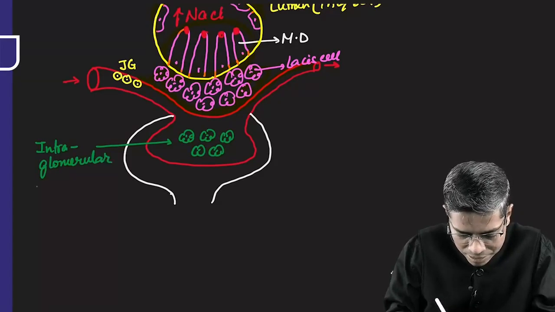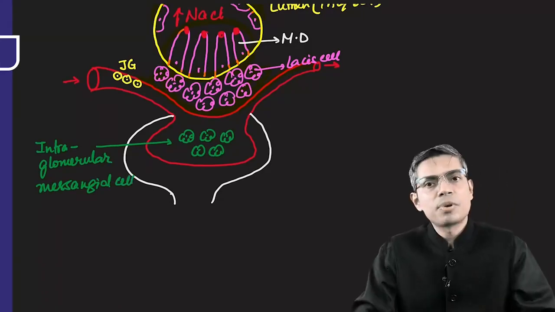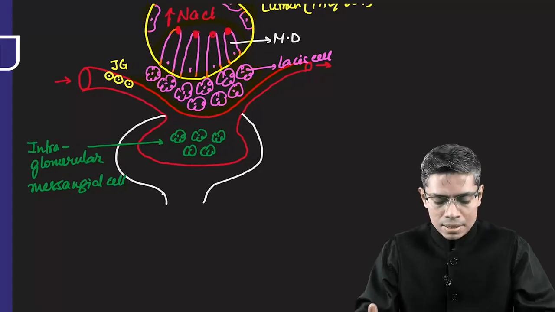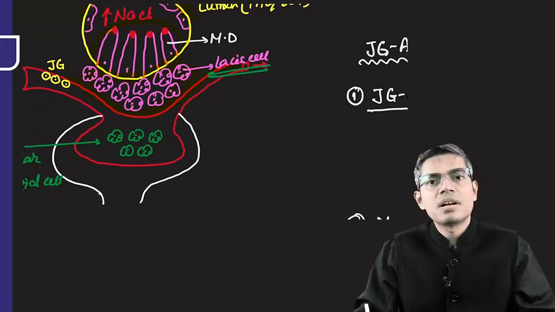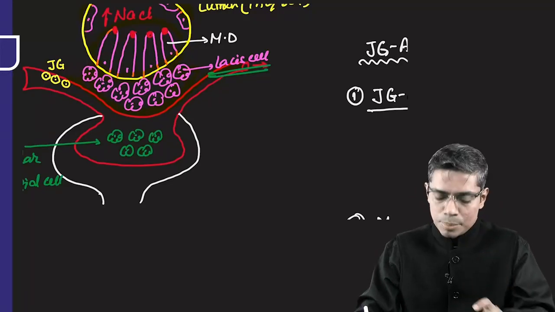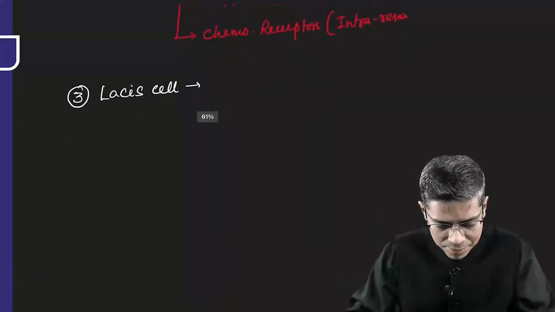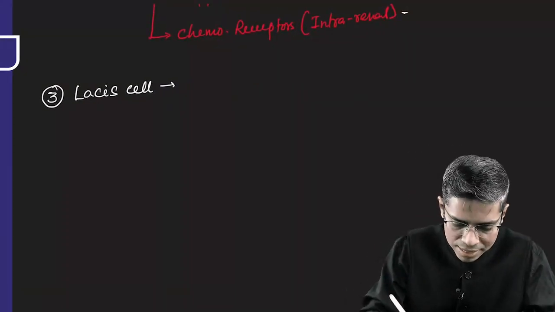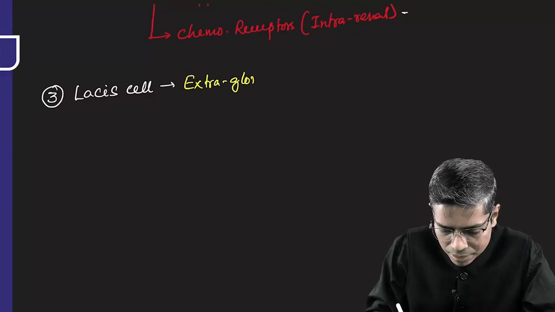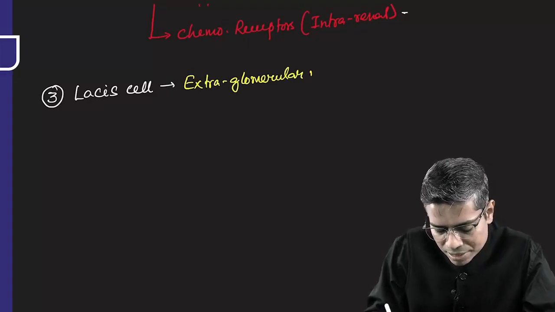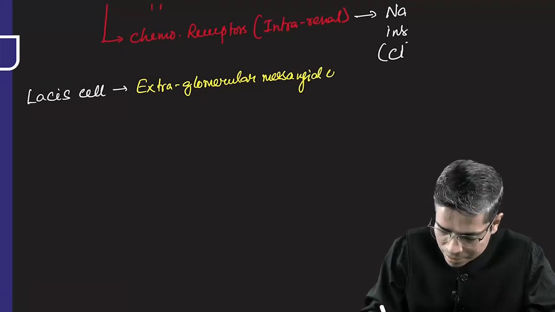To differentiate from these intraglomerular mesangial cells, the mesangial cells which are nothing but the Lacis cells are known as extraglomerular mesangial cells, because they are located outside the glomerular capillary. That's why the common description of the Lacis cell in books is that it is nothing but an extraglomerular mesangial cell.